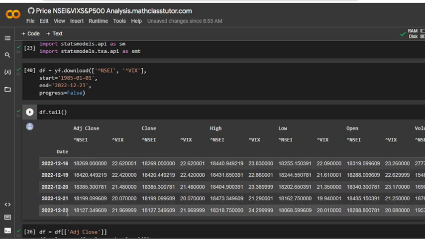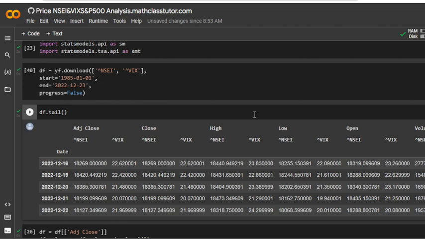My data starts from 1st January 1985 and goes till 22 December 2022. On 22 December 2022, the NSEI price looks like this, and I am also collecting data for the VIX, because we need to compare this data with the VIX.